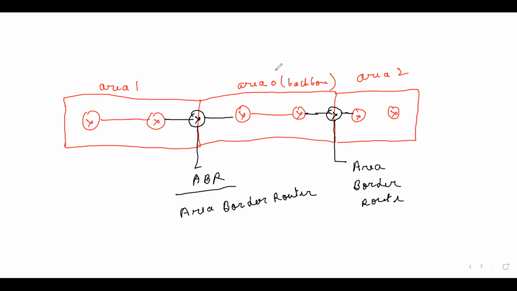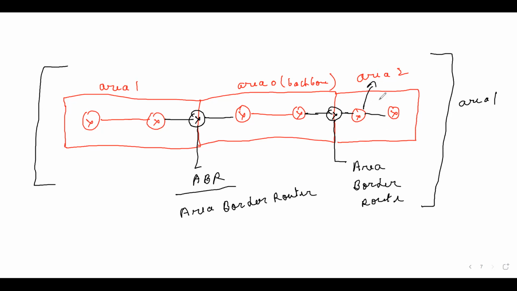Every area should be connected with the help of an ABR. If your area ID is not matching, suppose you are in this area and in the configuration you are writing area 1, it will definitely not work, because you are giving a wrong statement here.